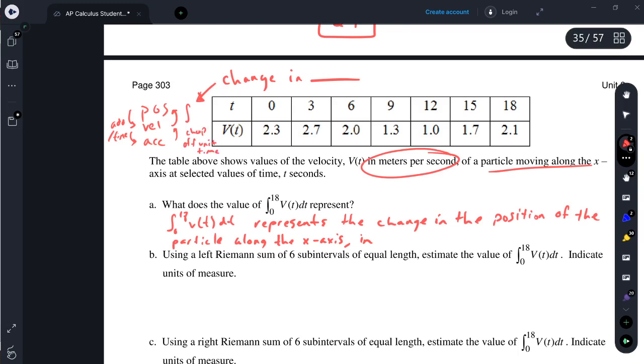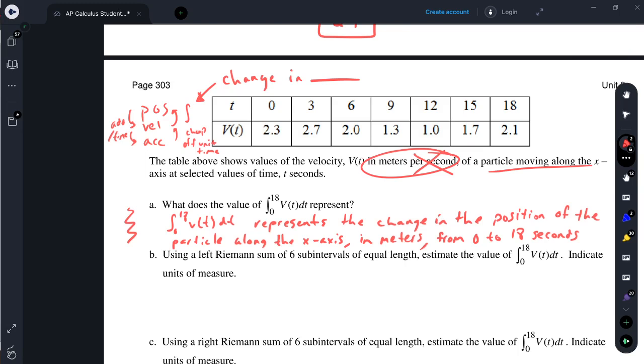So when we take the integral, we're going to chop off that per second. So this is going to become in meters, right? And that's going to be what position is measured in. And then from 0 to 18, those are times, so that's seconds. And this is very, very good to kind of memorize as a sentence starter.